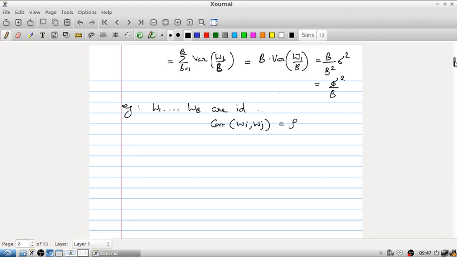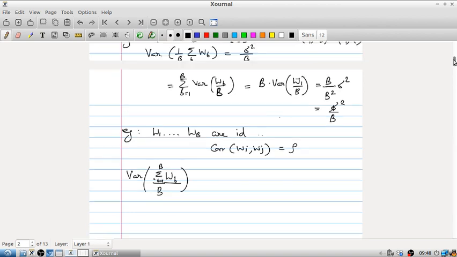We won't derive it here, but if random variables are not independent, then the variance of their sum, sum of w_b, divided by B, let me use the same thing, that was the quantity from before.